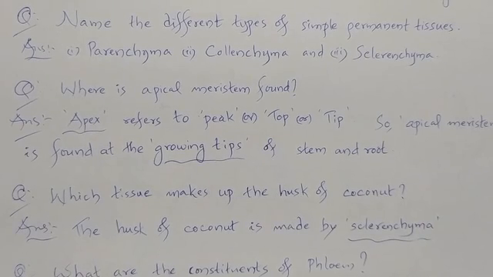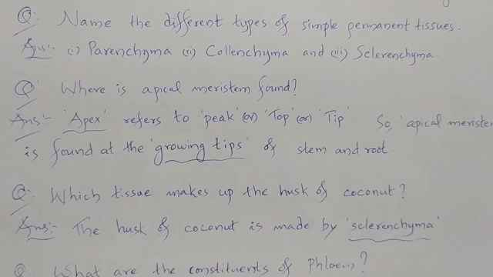Name the different types of simple permanent tissues. There are three simple permanent tissues. What is simple permanent tissue? The permanent tissue which is made up of only one type of cells is known as simple permanent tissue. Such simple permanent tissues are of three types: parenchyma, collenchyma, and sclerenchyma.